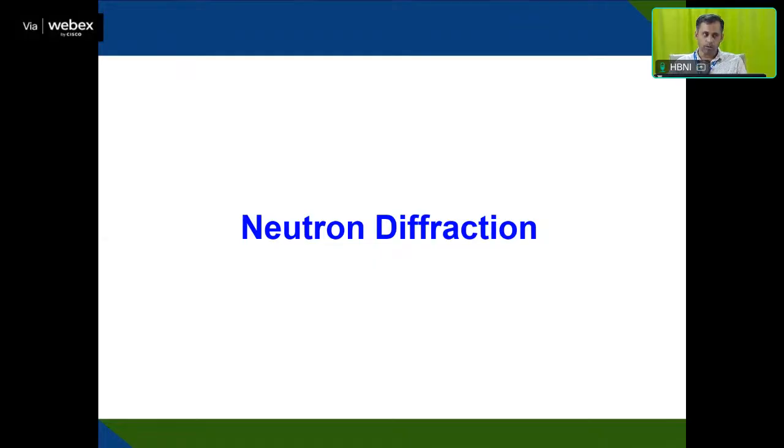So whatever we have discussed so far is about X-ray diffraction techniques. For the next 15-20 minutes, we'll discuss neutron diffraction techniques. Like X-rays, neutrons also diffract, as I discussed in the first class.